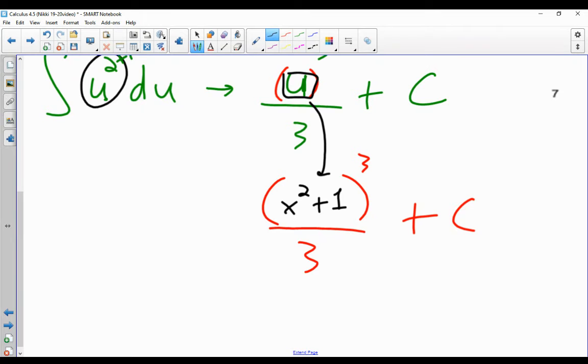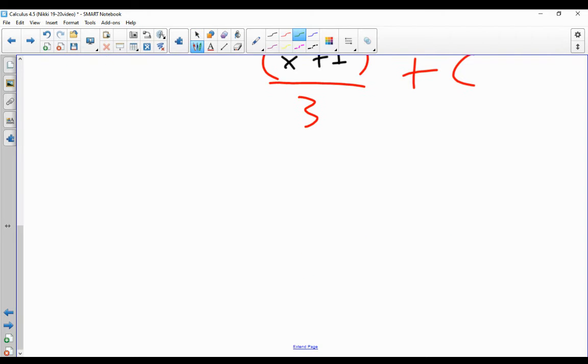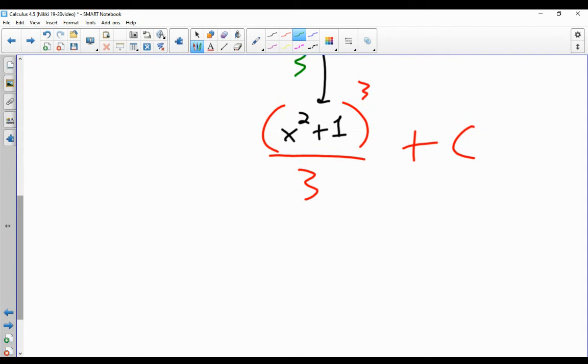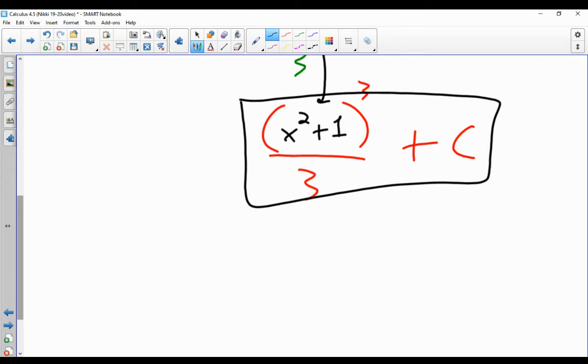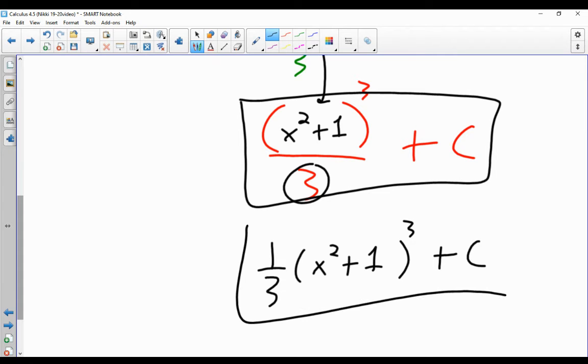So x squared plus 1 cubed, all divided by 3, plus c. And just like that, you have the official antiderivative or integral. So in other words, this is your answer. Another way to rewrite it, you could take the division by 3 and rewrite it as 1/3, and then multiply by x squared plus 1 cubed plus c. Both of these are acceptable.